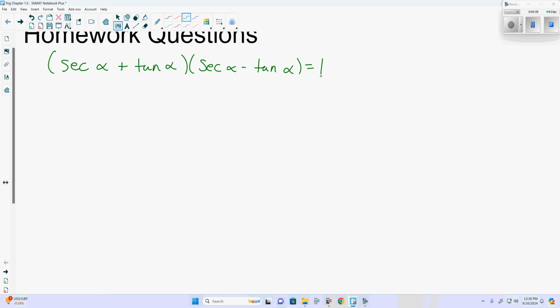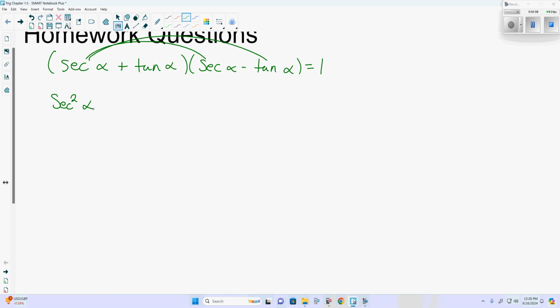49, yep. So we start off with this here. Now we're wanting to make the left side be like the right. So really, when everything's said and done, we need this equal to 1, or we need to rewrite the left side to be 1. So the first thing we're going to need to do is multiply through. Secant of alpha times secant of alpha is going to be secant squared of alpha.